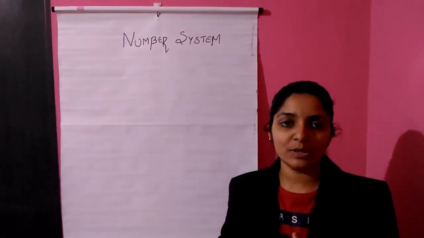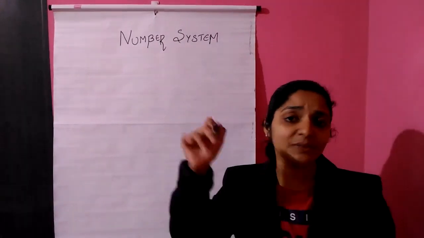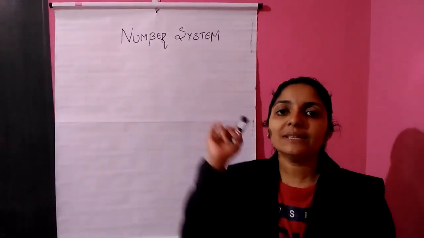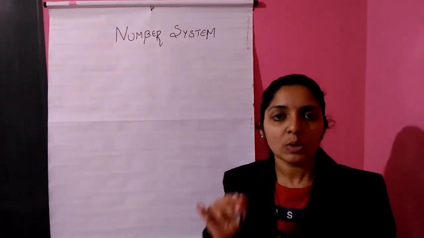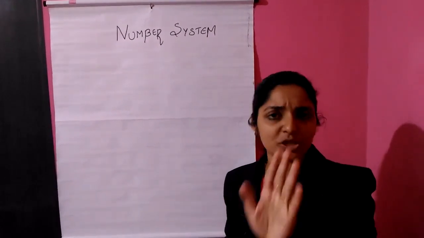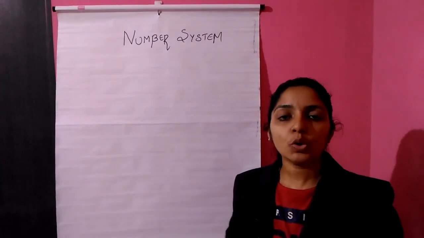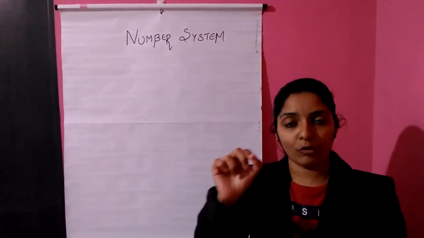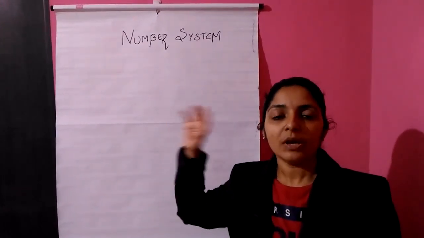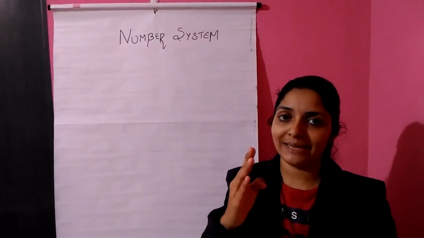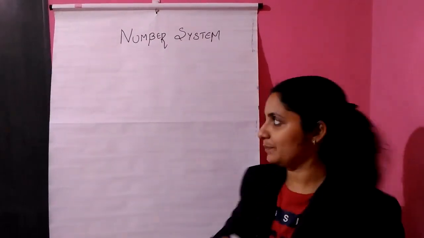We saw the examples of that. 0.333, etc. This can be written as 1 by 3. So this number is called what? A rational number. It does not become irrational. Root 2. Root 2 value is what? 1.4142, etc. So this is non-terminating and non-repeating.